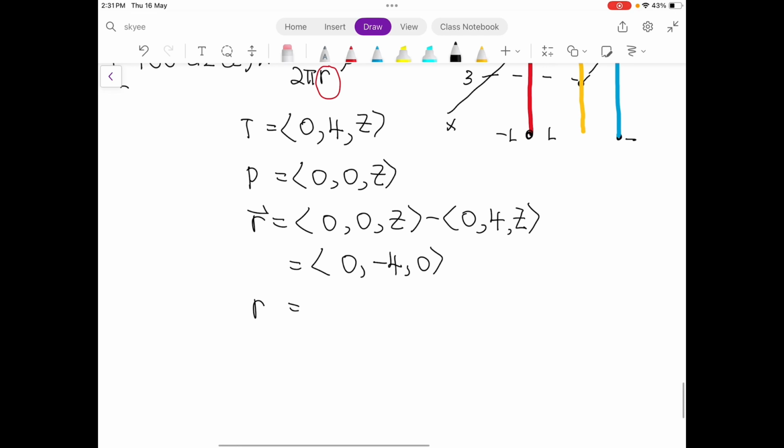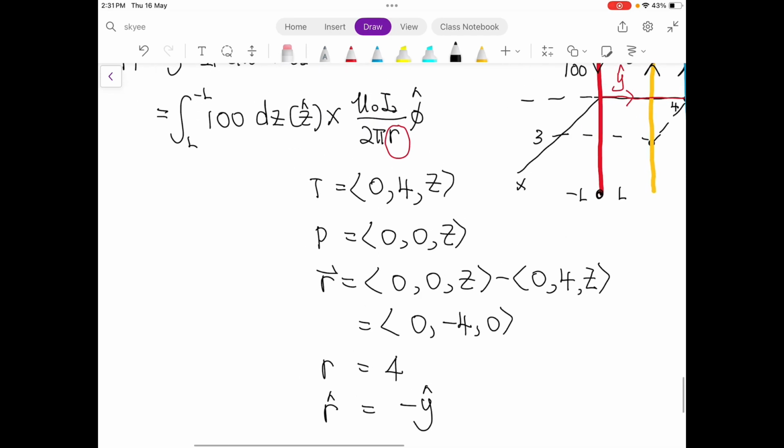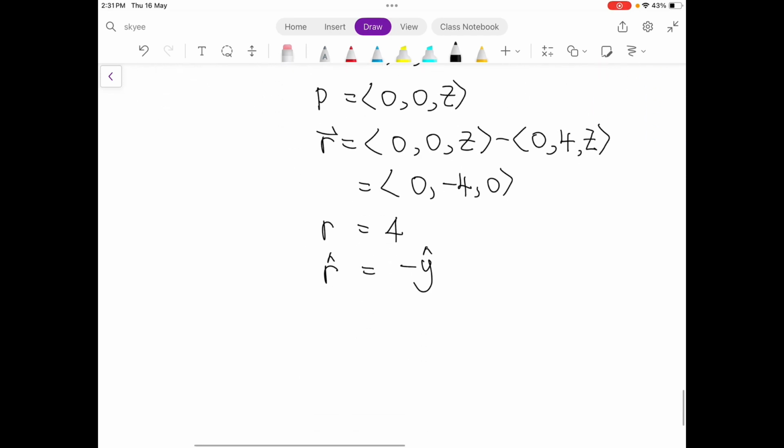So R will be 4, and unit vector R will be negative Y.